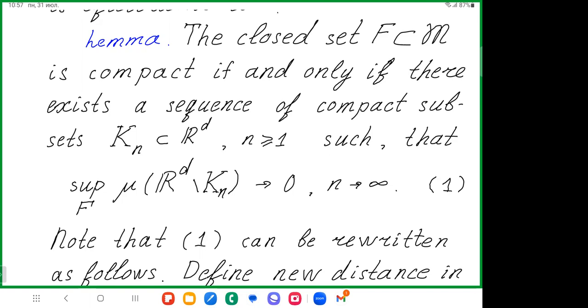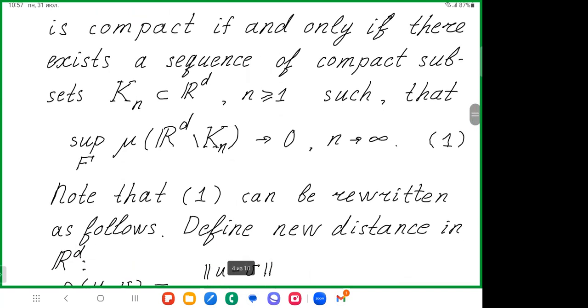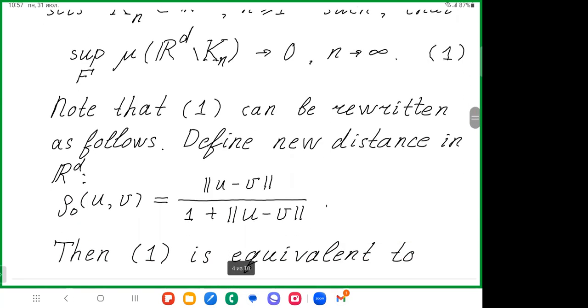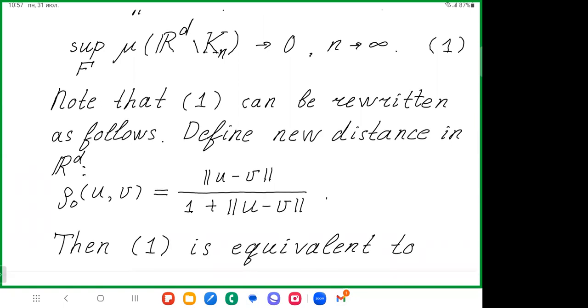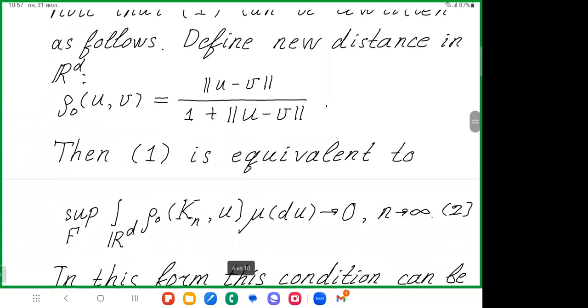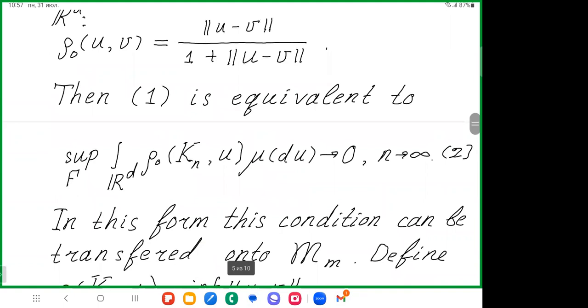Now note that this can be rewritten. As I said, rho_0(u, v), which is equal to such a ratio, is again a new distance in R^d. Then this condition is equivalent to the following: the sup of such integrals tends to 0.